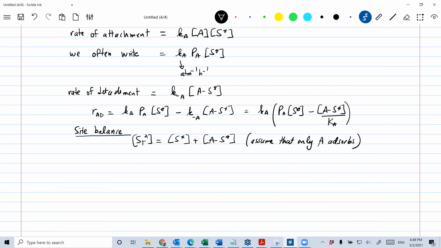Okay, so if A is the only adsorbing material at equilibrium, now we're not talking about the rate limiting step. We're just talking about equilibrium of adsorption.